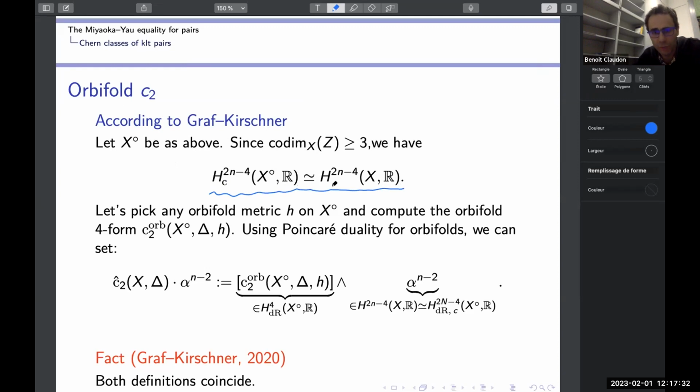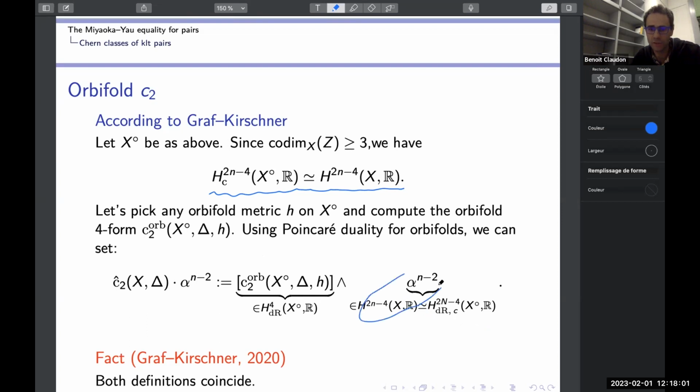And so we can use it to compute again not a Chern class, but at least the Chern number. So we want to compute this C2 at X delta against alpha to the n minus 2, and so I consider this alpha to the n minus 2 as an element of this.